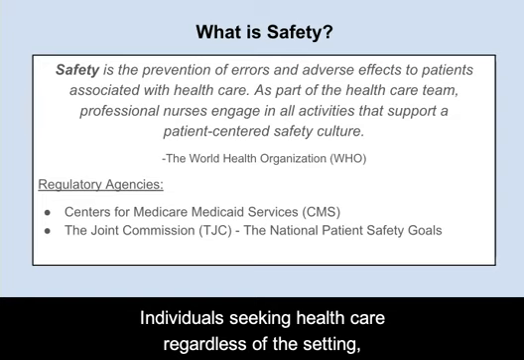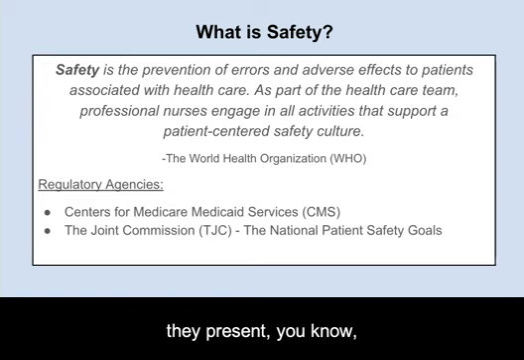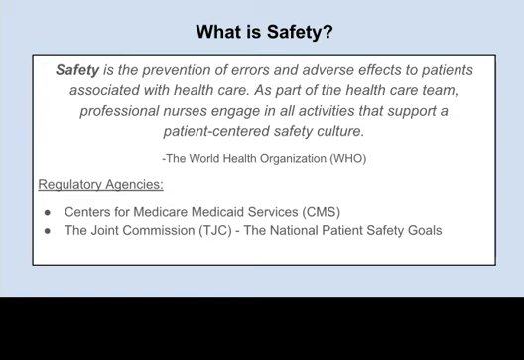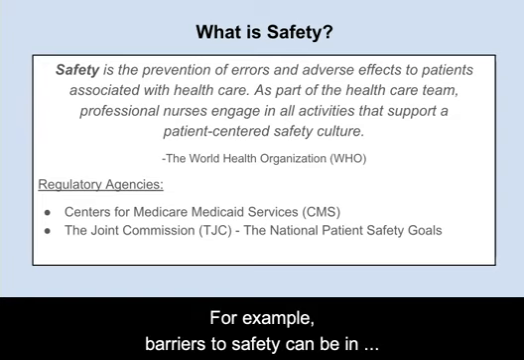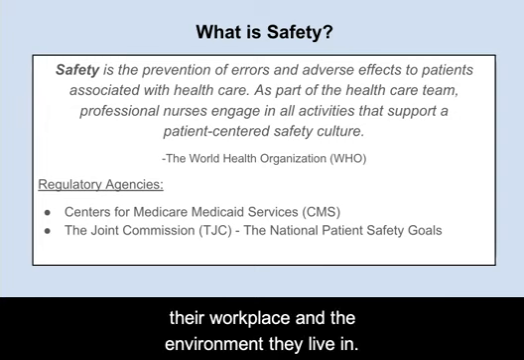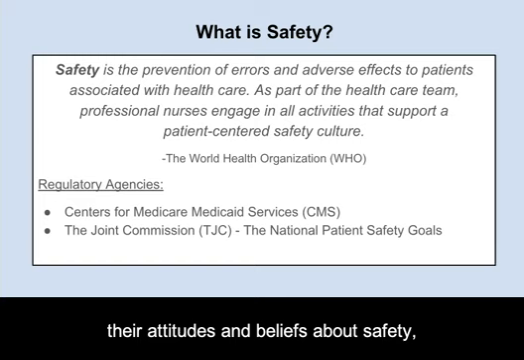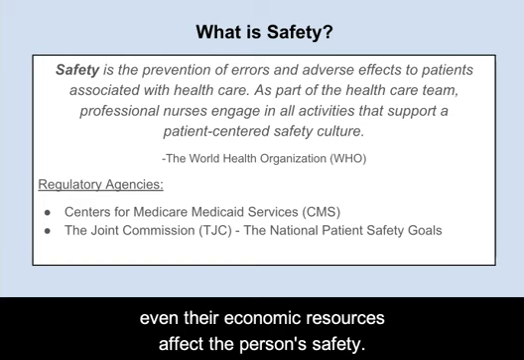Individuals seeking healthcare, regardless of the setting, present numerous conditions that place them at risk for being unsafe. For example, barriers to safety can be in their workplace and the environment they live in, their own comorbidities, like their health conditions, their attitudes and beliefs about safety, even their economic resources affect the person's safety.